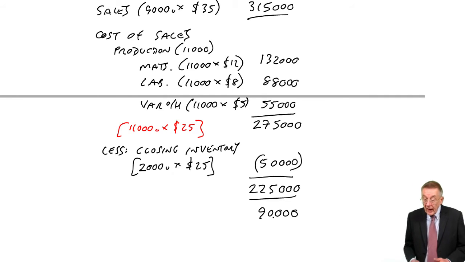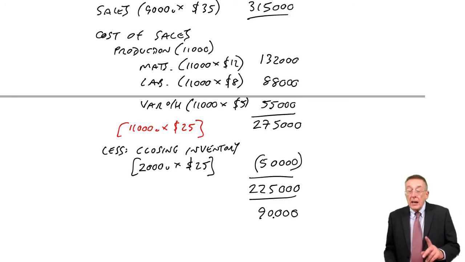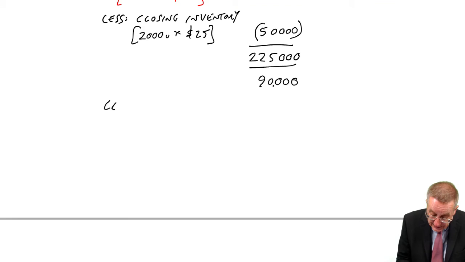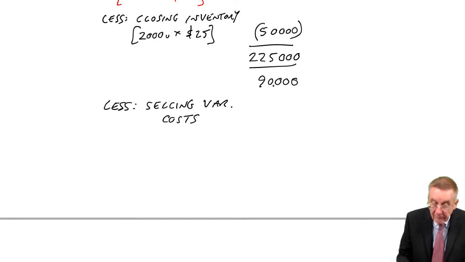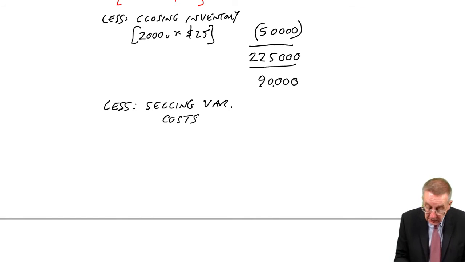However, that itself doesn't have a name. It's like the gross profit before any fixed costs. But we then subtract any other variable costs. And here there were selling costs. They're $1 a unit, but they'll vary with the number of units sold.